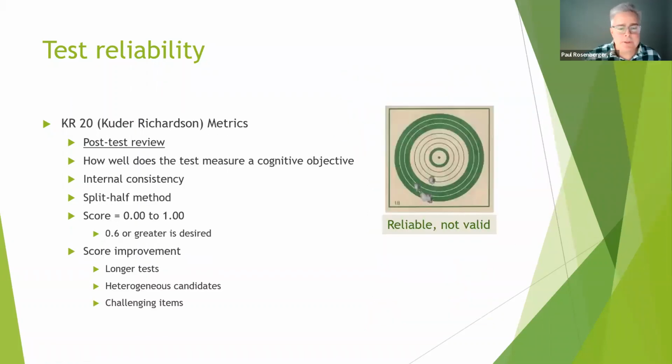One way to look at the reliability of our examination is looking at the KR20 score. What this does is it takes a dichotomous item, meaning it's right or wrong. The computer goes in and looks at, for instance, all the even numbers and all the odd numbers and compares the two against each other.